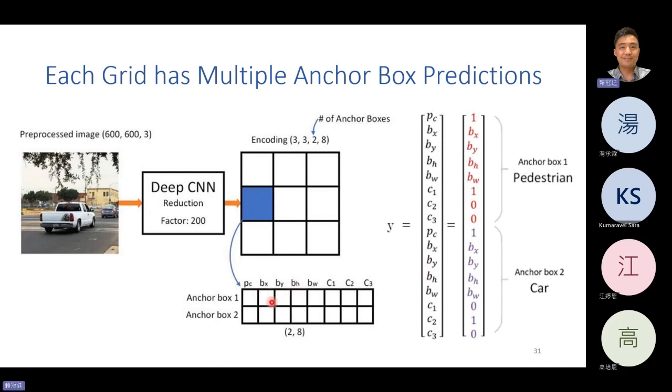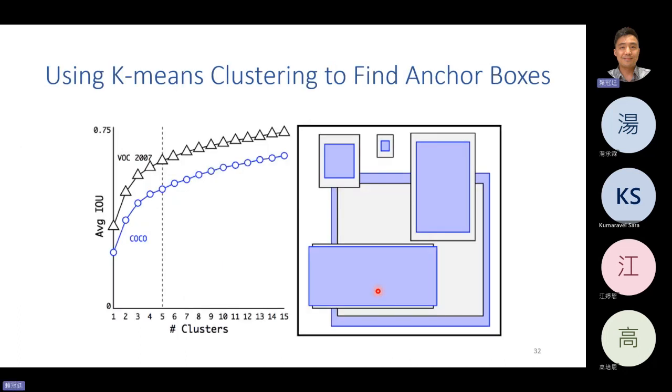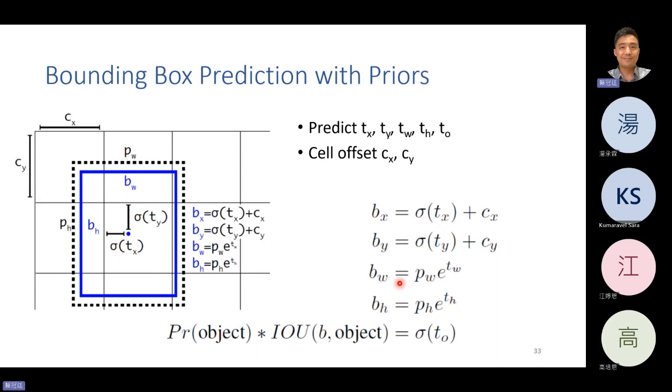So now the final feature map size is the number of bounding boxes multiplied by 5 plus the number of classes. They also use k-means to find the anchor boxes. They found that 5 anchor boxes is the best on the COCO dataset, depending on your application. And now the bounding box position is relative to the grid.